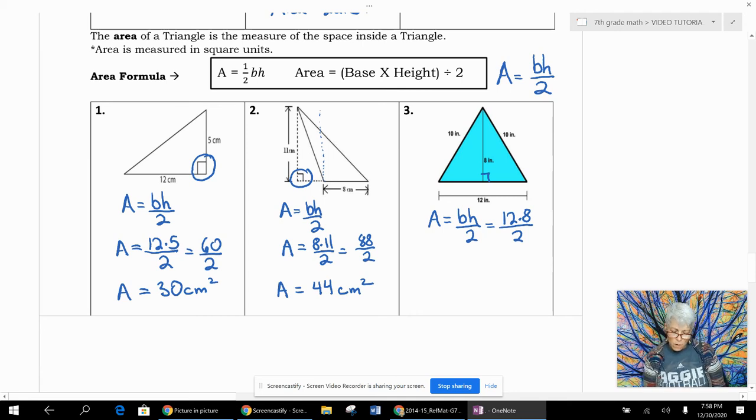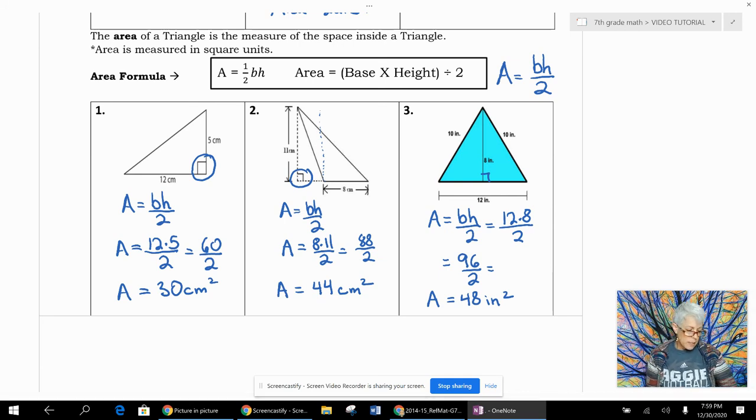So 12 times 8, if you remember your times tables, is 96, divided by 2. So the area is 48 inches squared. Cool beans.